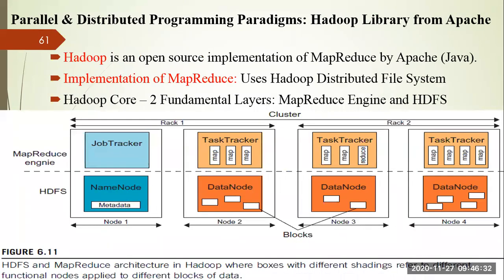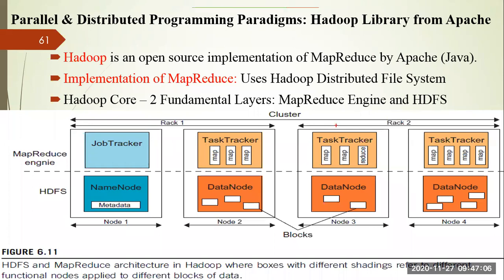Now come to Hadoop. The next discussion is Hadoop. So Hadoop is an open source implementation of MapReduce, coded and released in Java. If you want to learn Hadoop, you need a background of Java rather than C that was used in the previous paradigm, and it is released by Apache. Hadoop's implementation of MapReduce uses the Hadoop Distributed File System, which we call HDFS.